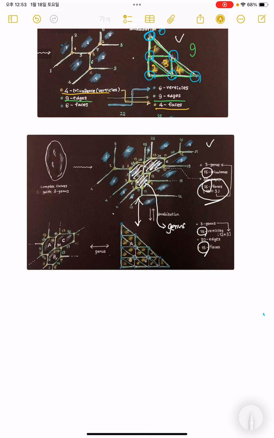But because there are 3 genus among the faces of the tropical curve, those live here.